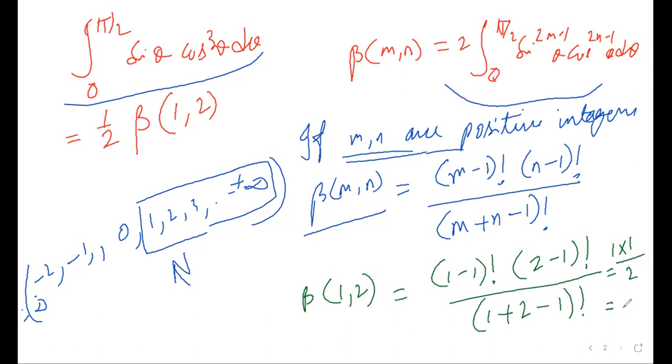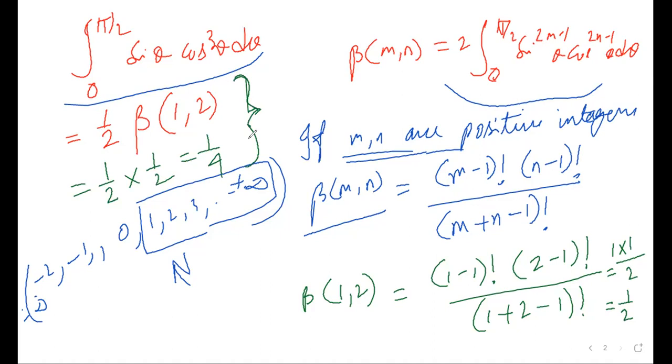So this is 1 by 2. So beta 1 comma 2 equals 1 by 2. So from here we have 1 by 4. This is the main magic of beta function.